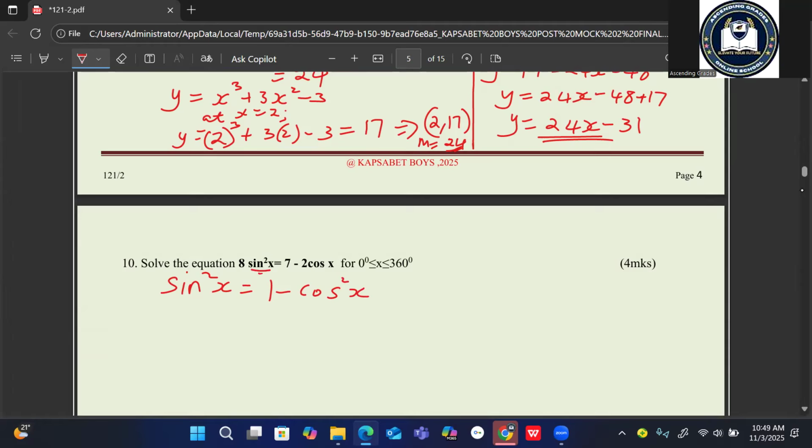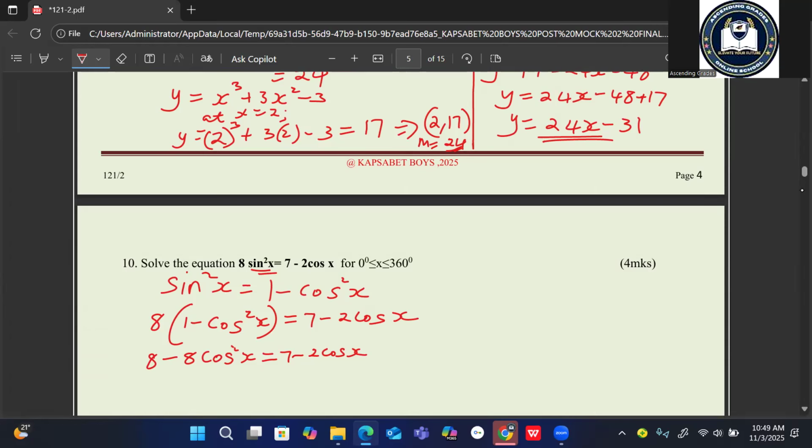So you can replace it here. So 8 into 1 minus cos squared x is equal to 7 minus 2 cos x. So this is 8 minus 8 cos squared x is equal to 7 minus 2 cos x.